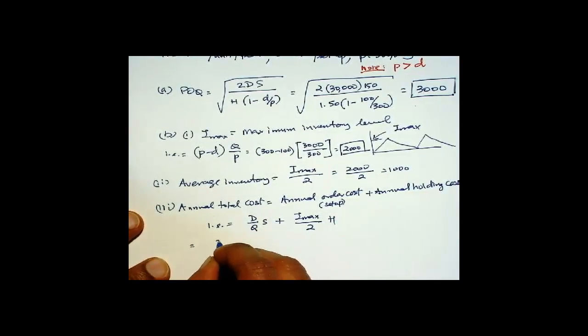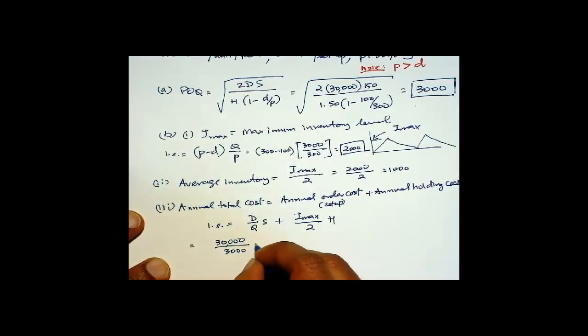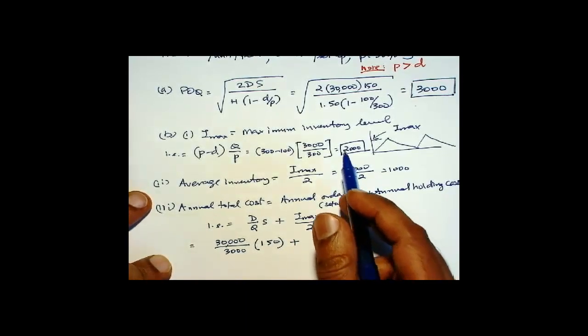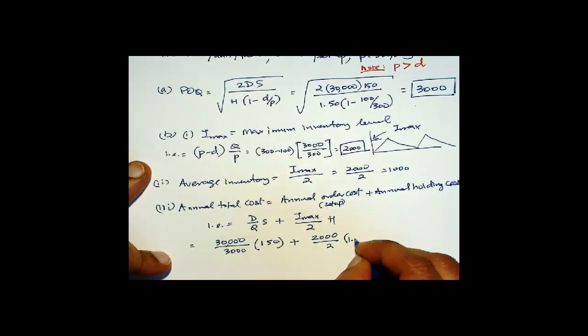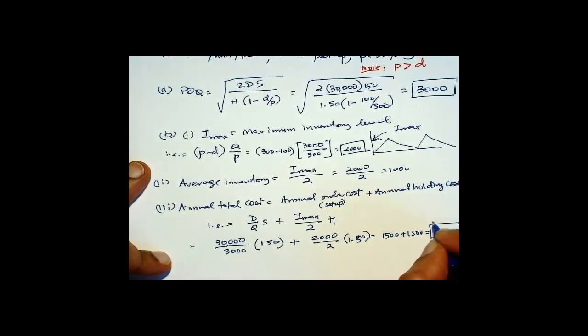So this is equal to 30,000 divided by 3,000 times 150 plus I sub max, which is 2,000 divided by 2, times 150, so that is 1,500 plus 1,500, which is $3,000.